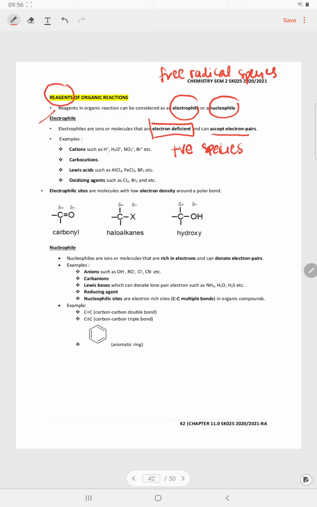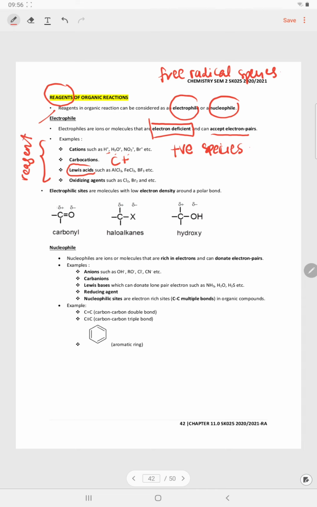So examples are all positive charge ions, or carbocations, or Lewis acids, and also oxidizing agents. If a chemical reaction occurs, you must identify this as our reagent.